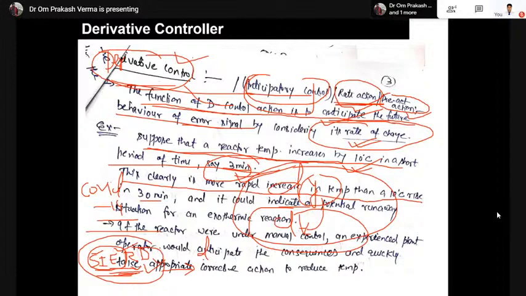So 5 to 6 equations are given, and based on this data and the differential equations, one of my BTech students, combined with MTech students, has done this project under me this year, and they predicted the flattened curve will come after September.